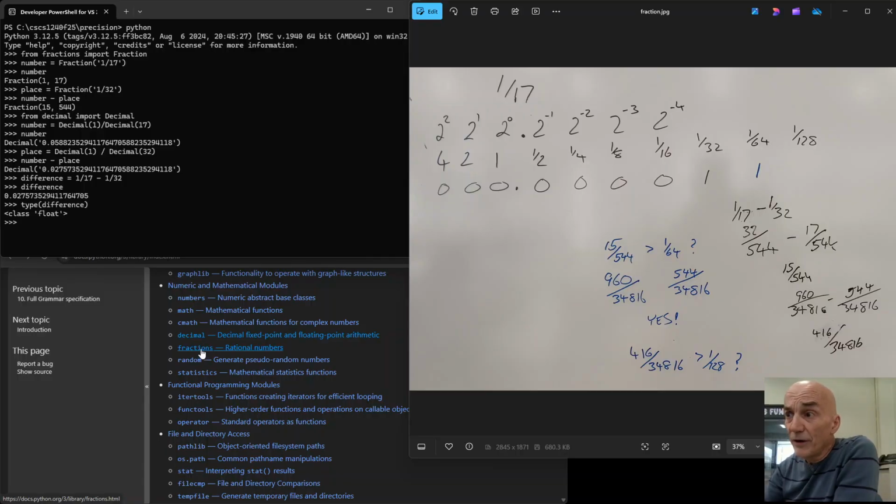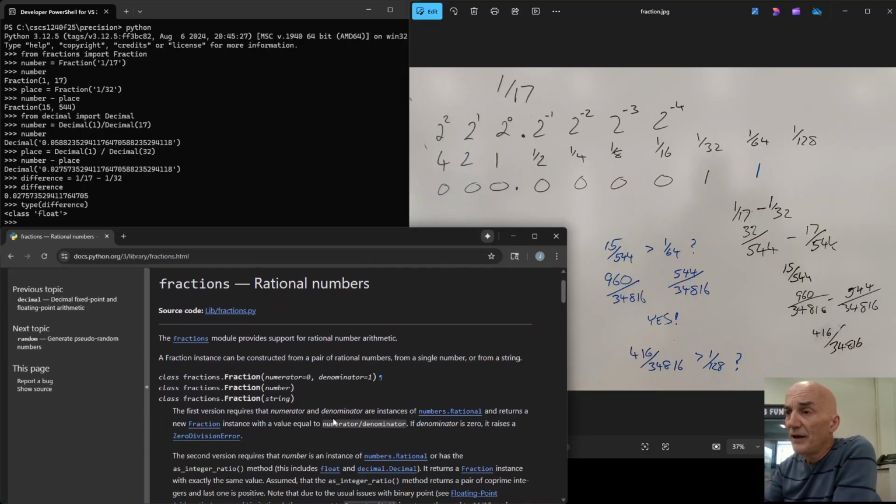And so if we look at the fractions module, we see that there are a few different ways that we can instantiate an object of this fraction class. We can do it with a numerator and a denominator, two values that we can pass into the initializer. We can also create a fraction from a number, and we can create a fraction from a string.